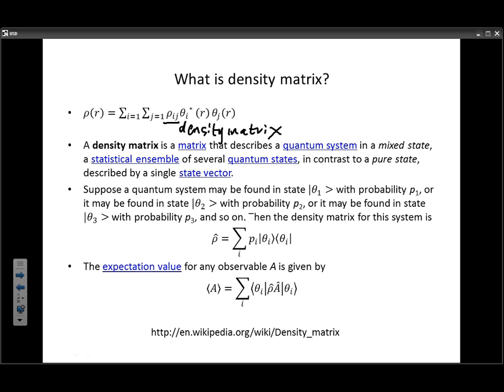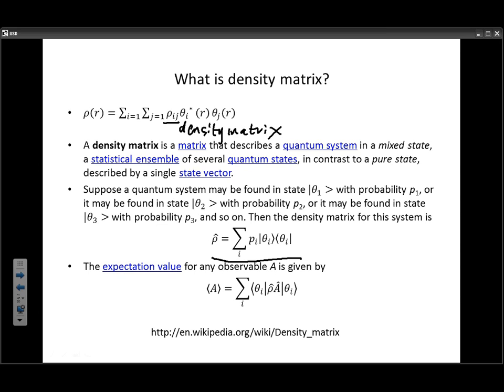Suppose a quantum system may be found in state θ1 with probability P1, or it may be found in state θ2 with probability P2, or it may be found in state θ3 with probability P3, and so on. The density matrix for this system can be written in these forms.